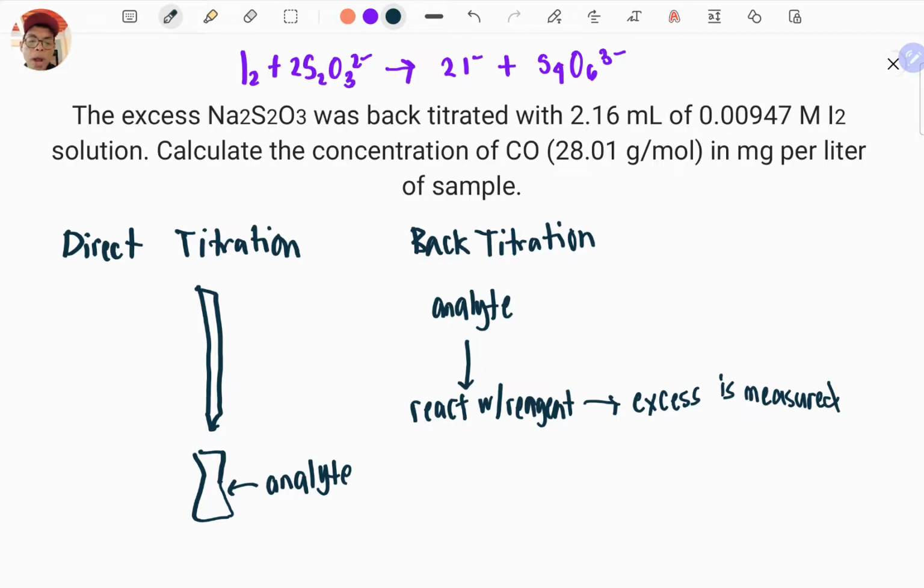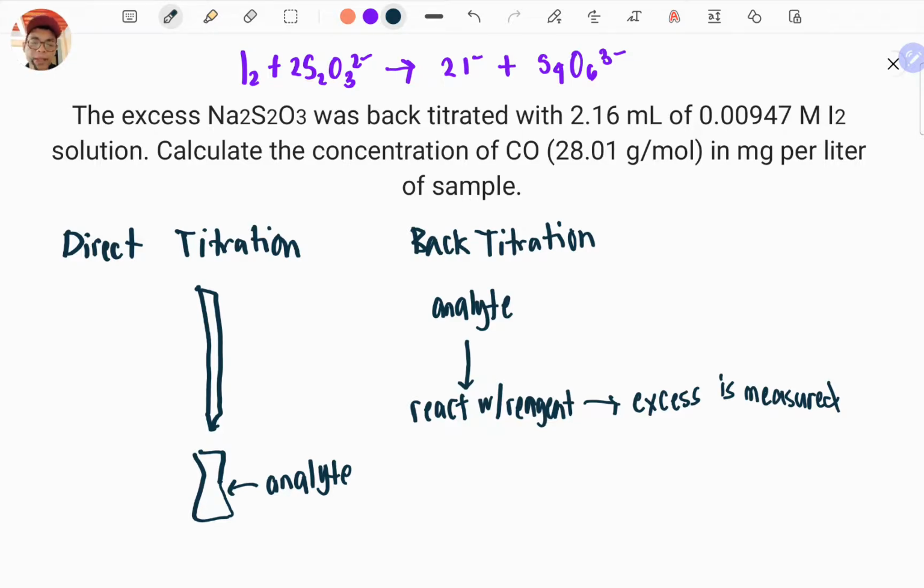So why is it done this way? First and foremost, if we were not able to capture the iodine, then we had nothing to measure. We can't measure carbon monoxide directly, that's why we had to convert it into an iodine form, which was throughout the course of the reaction limited by the amount of carbon monoxide.